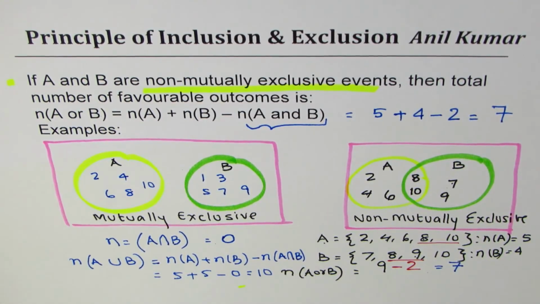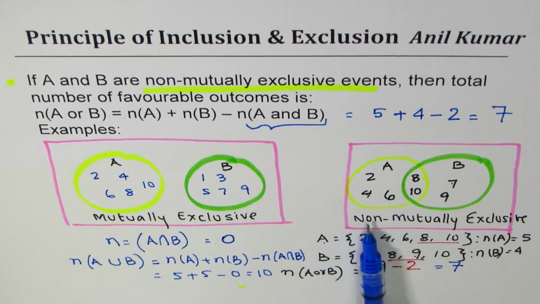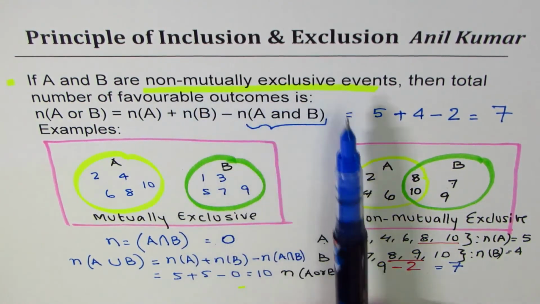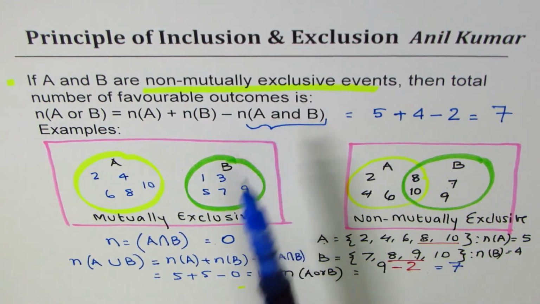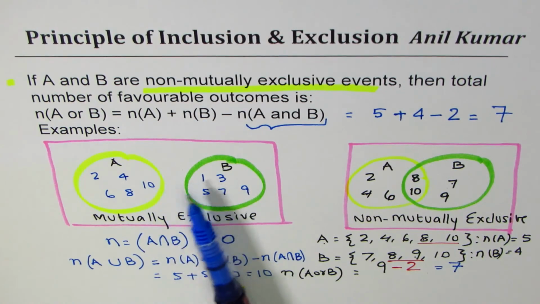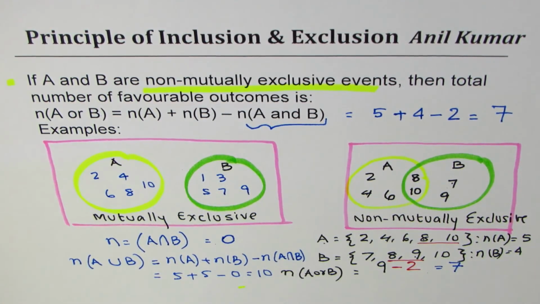The idea is that this formula is very useful for non-mutually exclusive events, taking care of what overlaps, and therefore we normally use it for those. However, it's general. If we have a mutually exclusive scenario, then the intersection is 0, so we take away 0 and get the same result.